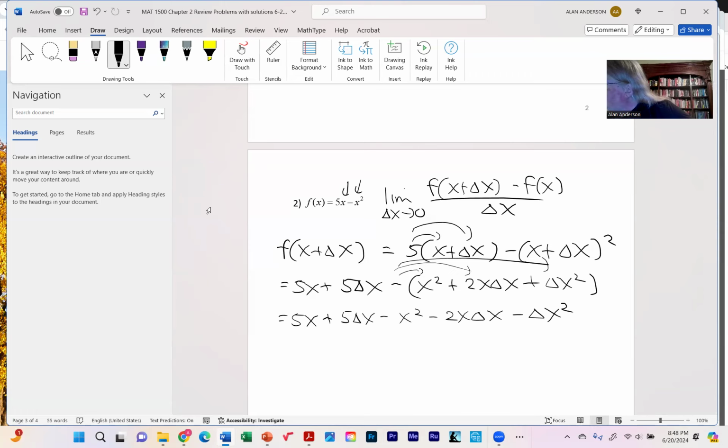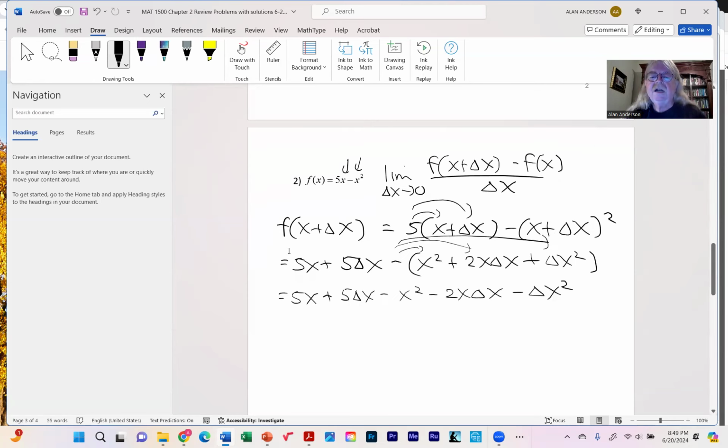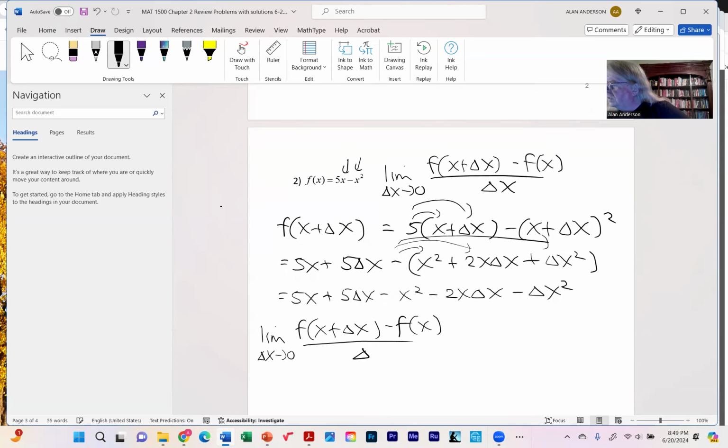Well, there's nothing to cancel out here. No, there isn't, huh? All right, well, it doesn't always work out so well. But once we subtract f of x from there, then there should be some cancellation. All right, good. So now our limit of f of x plus delta x minus f of x over delta x will equal.